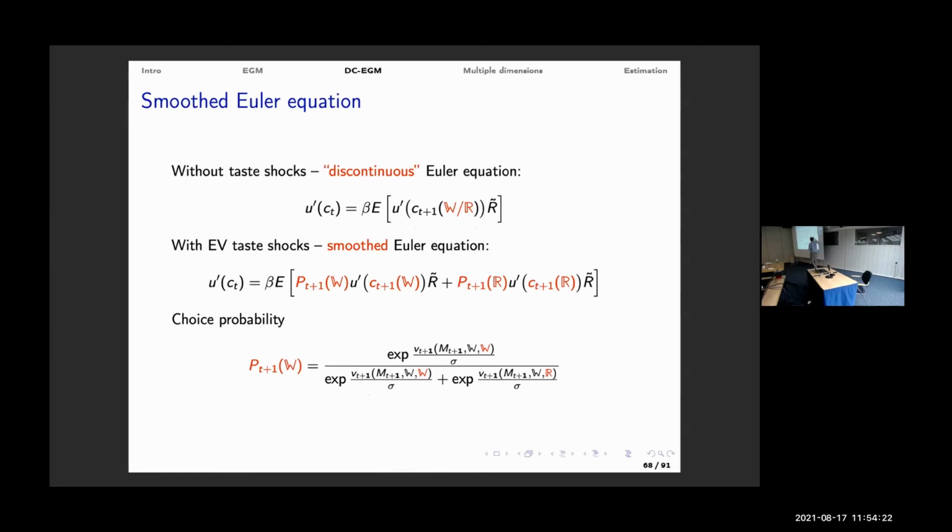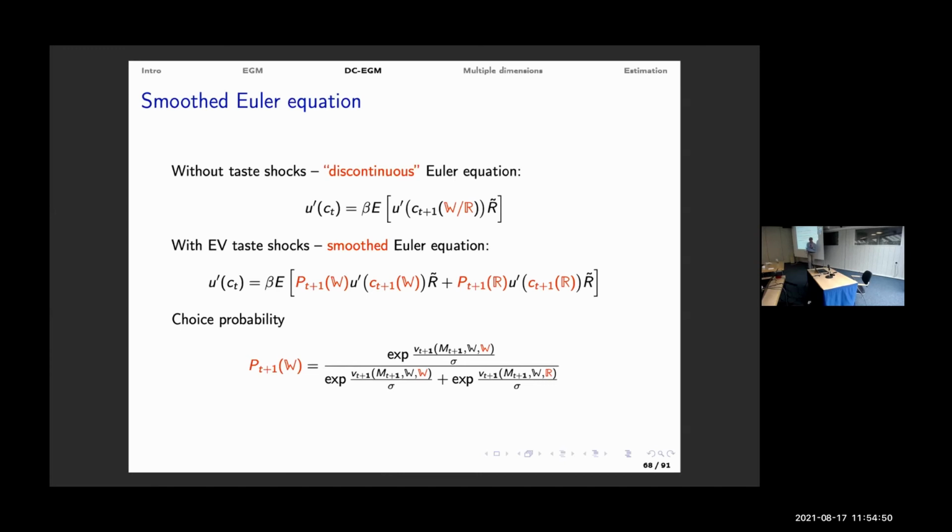So the logic here is this. Before, when we had the hard switch between being a worker and being a retiree in the next time period, you're either on one side of the kink or you're on the other side of the kink. So we had two kinds of Euler equations for two different sides of the solution. Now, if we just do the derivation of the Euler equation, we nicely get choice probabilities of the next time period.